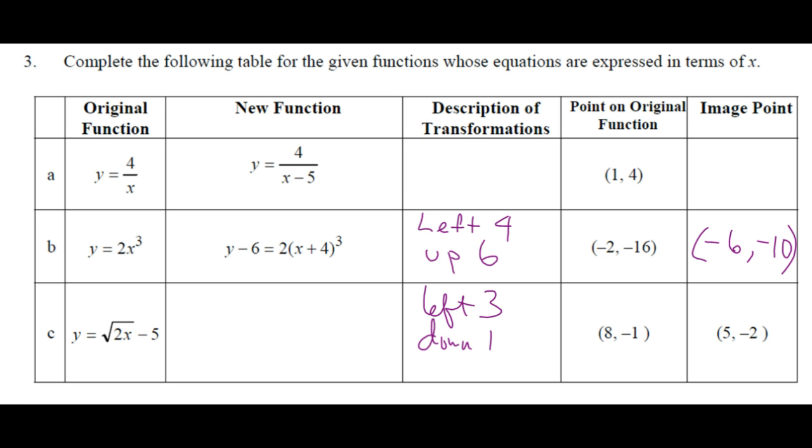Right? How did the original change? From the original, x was replaced with x plus 4, which results in a horizontal translation left 4. y was replaced with y minus 6, which results in up 6. Okay? But, yeah, the 2 is in the original, so remember, we have to do the translations today. Otherwise, it's too big a stretch.